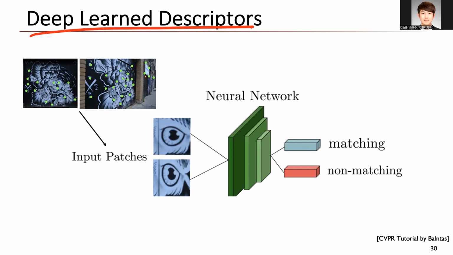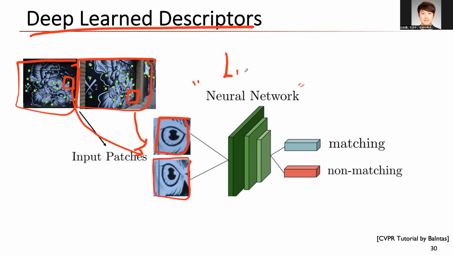Given two images, first they extract the patches as input, enlarge these patches, and train a neural network to say whether these two patches are similar or dissimilar, matching or non-matching.